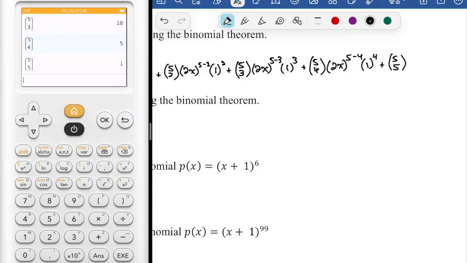Get into my calculator here. 2x to the 5 minus 5, and then 1 to the 5th power.